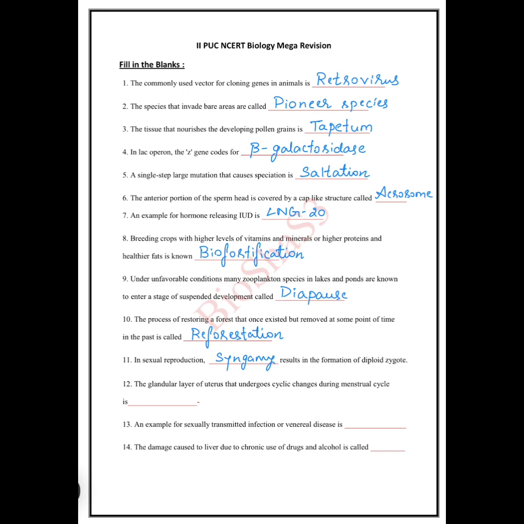The glandular layer of uterus that undergoes cyclic changes during menstrual cycle is endometrium. An example for sexually transmitted infection or venereal disease is chlamydiosis.